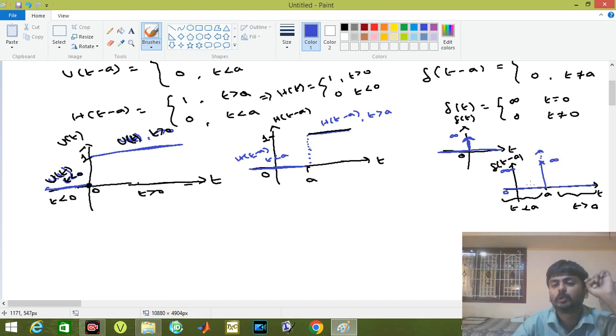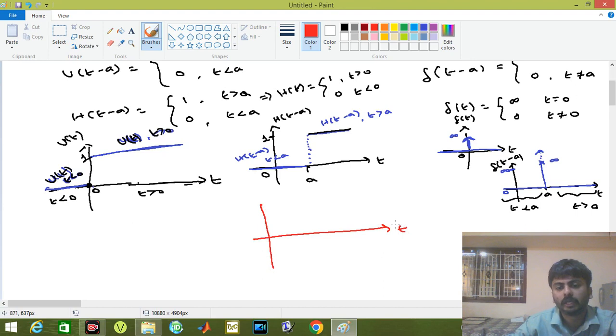So how can you relate these two? I am considering both h of t minus a and delta of t minus a under one graph, to help you understand. This is t and this is h of t minus a, and here I am taking a. All these are t less than a and all these are t greater than a.